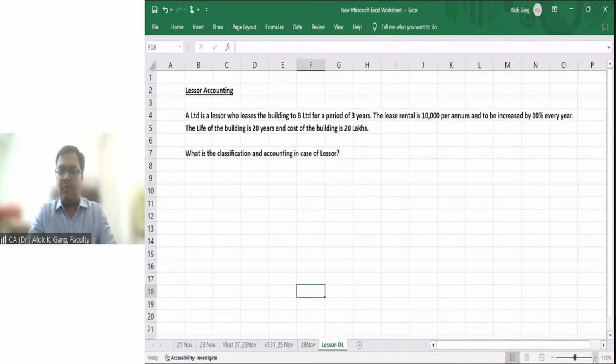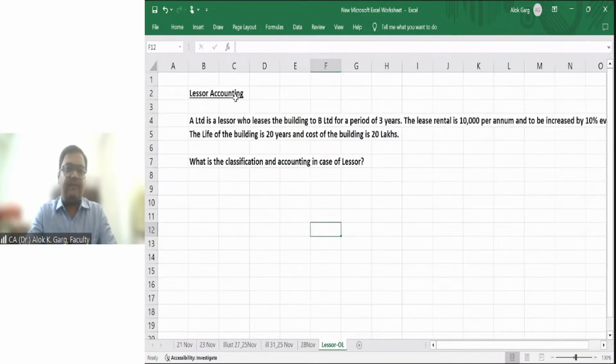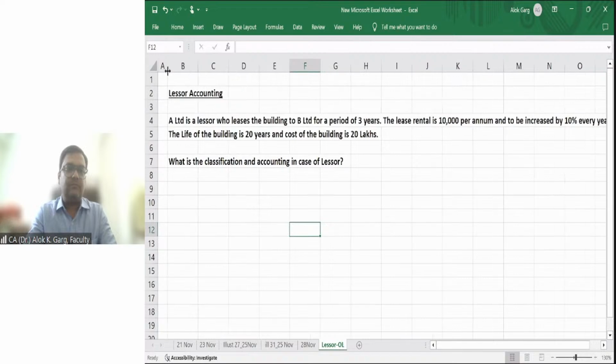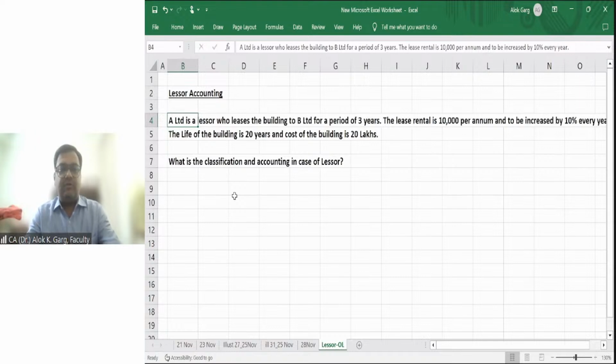Let's talk about the operating lease accounting, right?